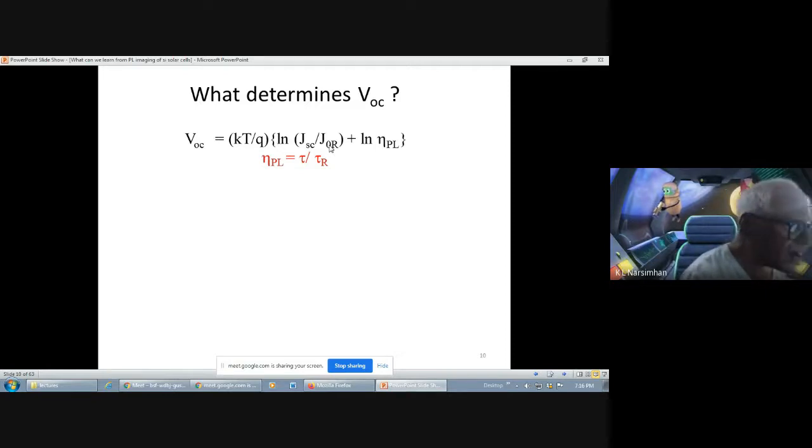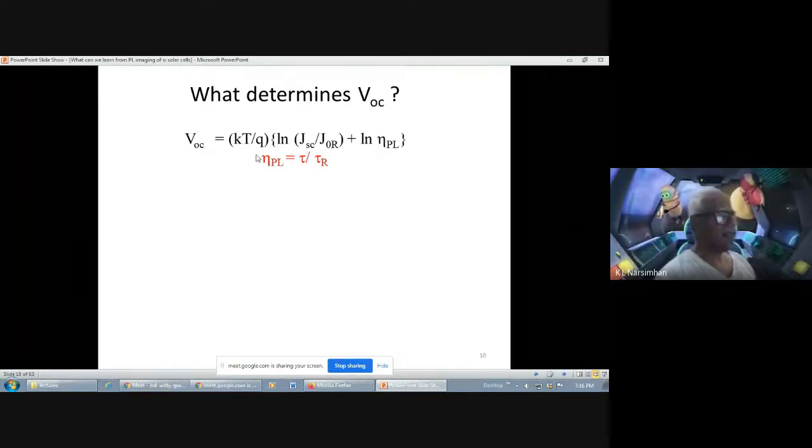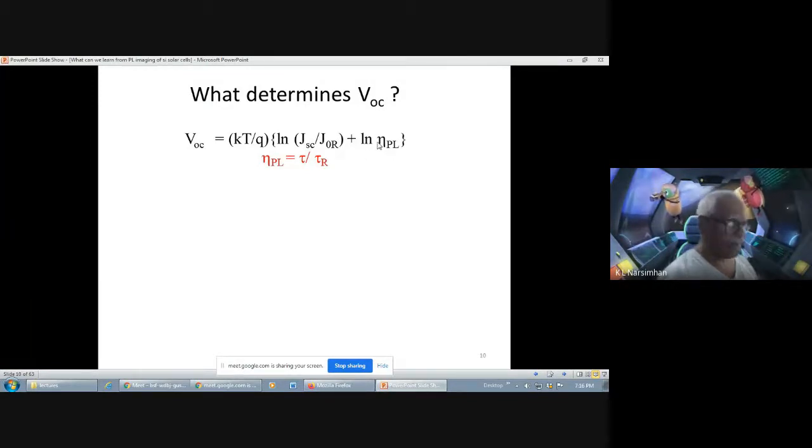J naught is that prefactor, but this is the rate where all the recombination is controlled by radiation. That's what the R signifies, plus log eta PL. So you see, the magnitude of the VOC is controlled by this log eta PL.